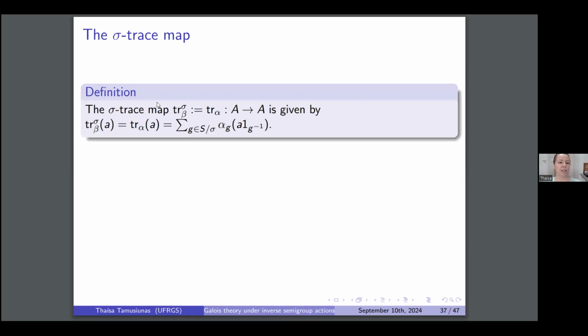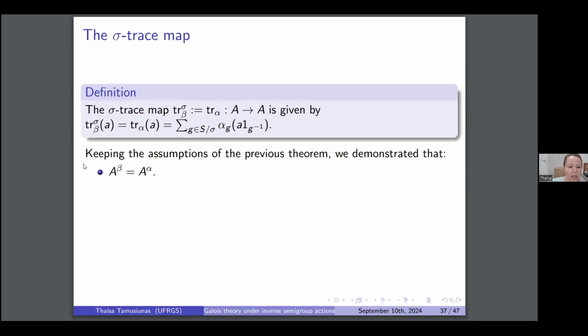This new trace map is given by the trace map sigma beta applied on a, which is simply the trace map alpha applied on a, which means that we are making sums over all elements of this group, the quotient G, as they run. This is the new trace map.